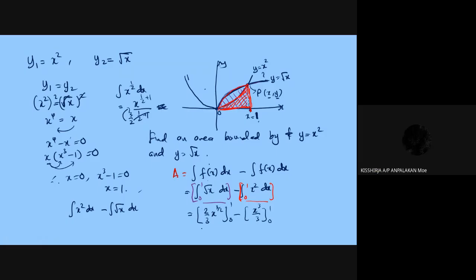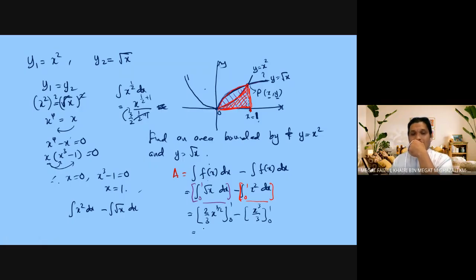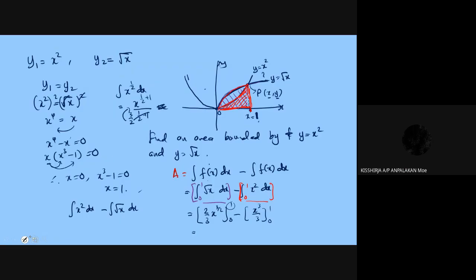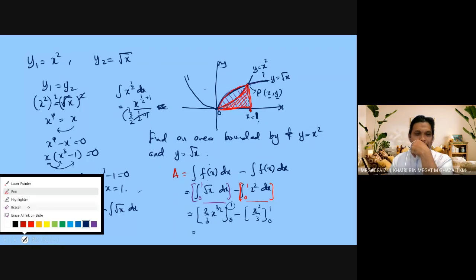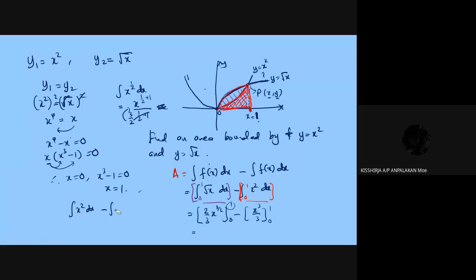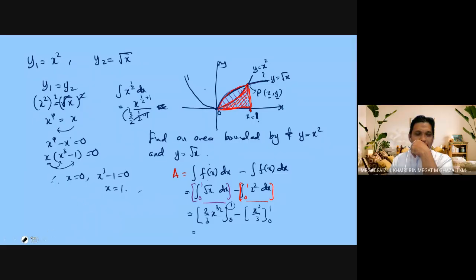Okay, so it's time for us to substitute the value of x with 1 first into this equation. Okay, x equal to 1, 1 to the power of 3 over 2, times 2 over 3. Before that, do you know how to write a to the power of m divided by n?